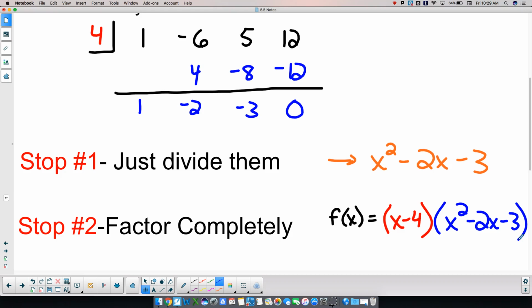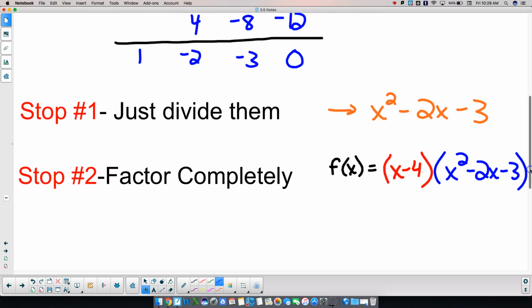And I look now at that blue trinomial and I say to myself, self, can I factor that some more? And the answer to that question is yes. It factors to be what? X plus 1 and x minus 3. Bingo.